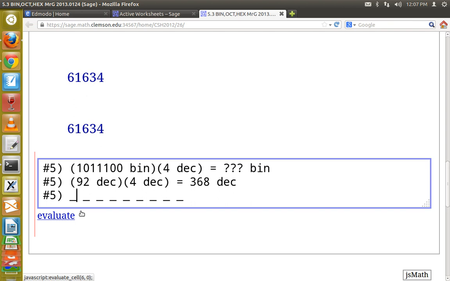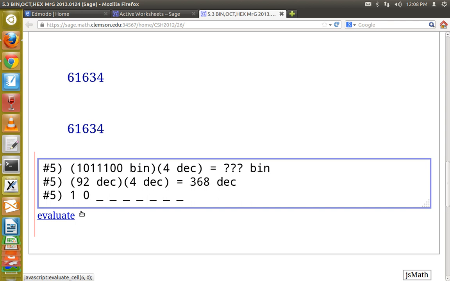Okay, what is 368 div 256? It's 1, but what's the remainder? What's the mod? 256. 112. Okay, so do you need a 128? No, 128 doesn't fit in 112. Okay.